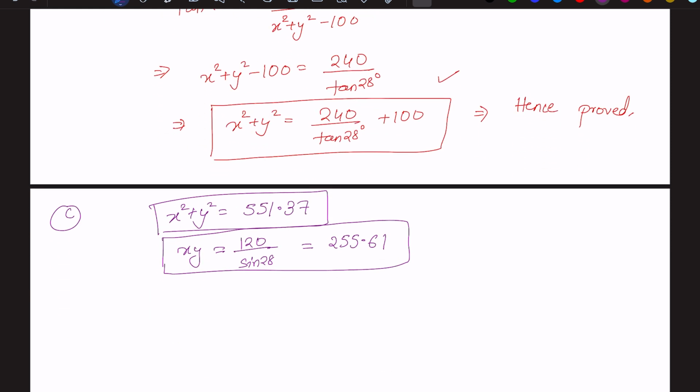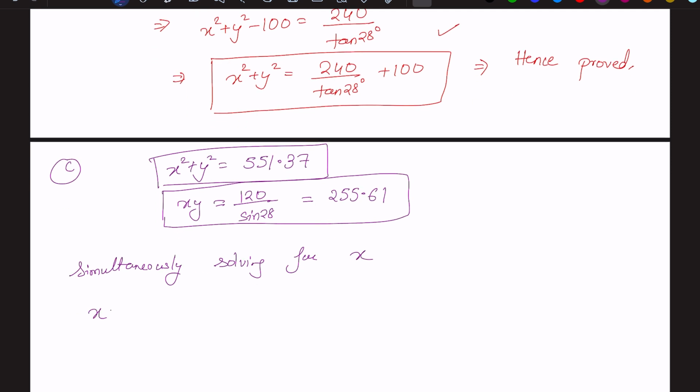Now we can use our calculator. So if I use a calculator and solve for x, these are the values of x which you'll obtain: minus 13.13, plus 13.13, 19.47, and minus 19.47.